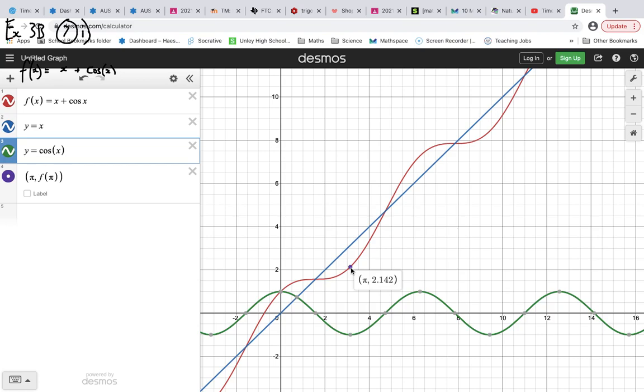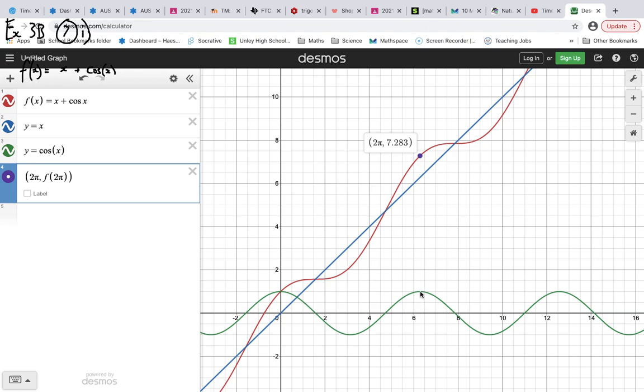So it's 1 less than pi, 2.142, 3 decimal places, right? Which you can see there. I could change that to 2 pi. It gets me up to here. So what's happened there?